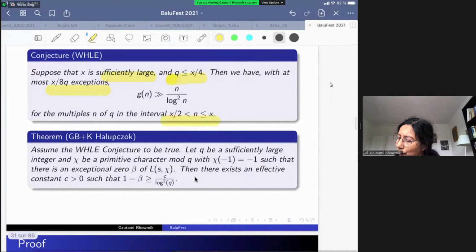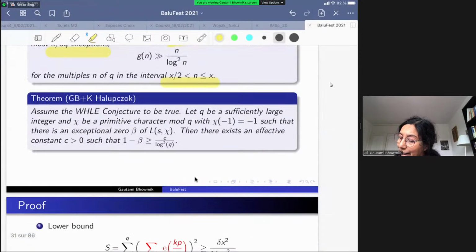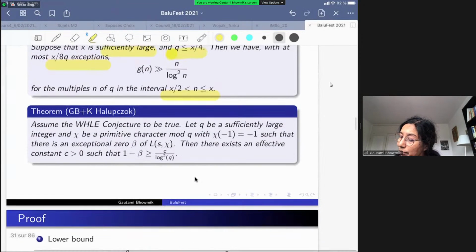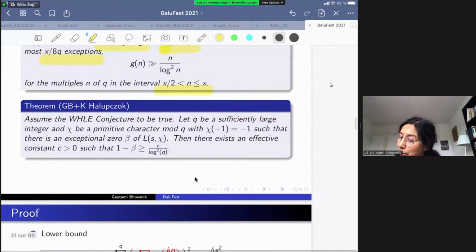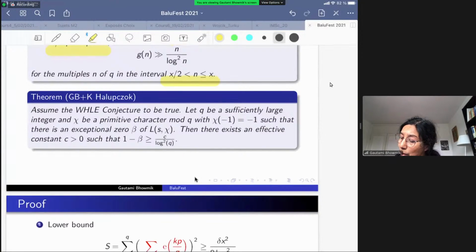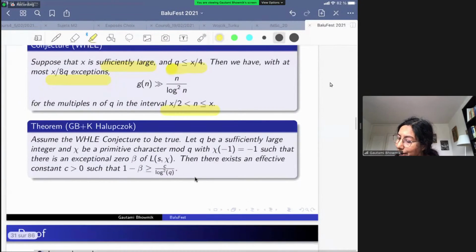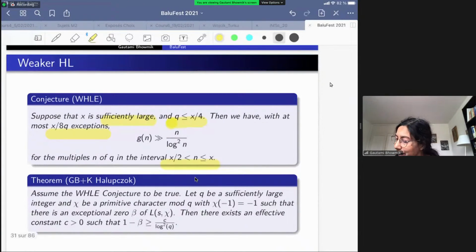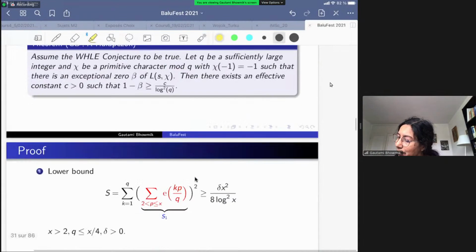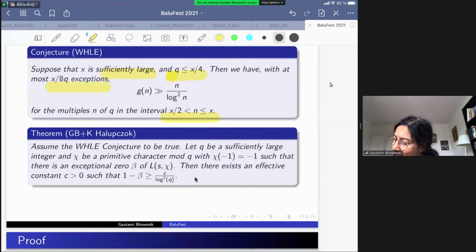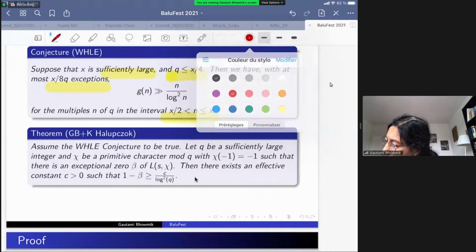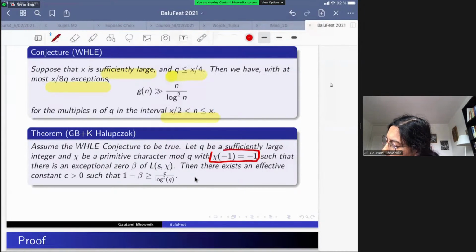Okay, it might look artificial, it probably is. But these are things we needed to be able to improve on the proof. So we assume that this conjecture is true. We assume G of n greater than n by log square n under certain conditions. And we need a further condition that chi of minus 1 is equal to minus 1.